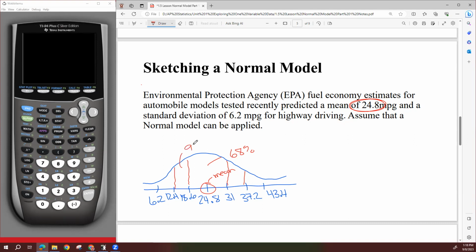95% will fall within 12.4 and 37.2 miles per gallon. And then almost all, 99.7% of our vehicles' miles per gallon will fall within 6.2 miles per gallon and 43.4 miles per gallon.